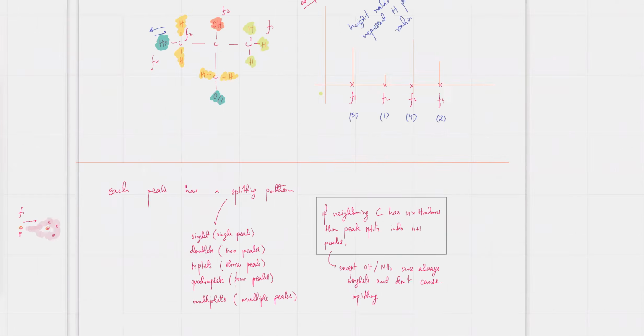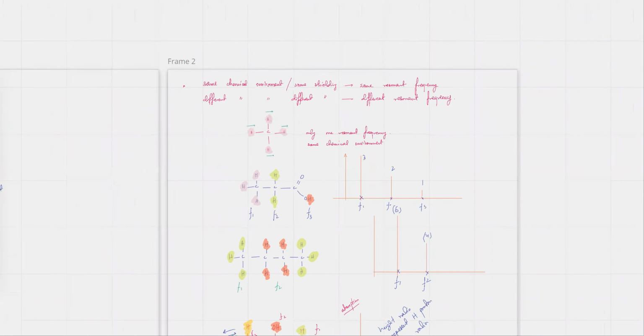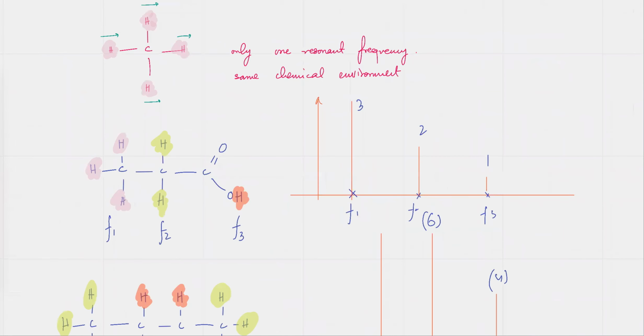Now, before understanding what the rule is, I'm just going to explain what is meant by the things I've written. The n+1 rule. Then we'll figure out the story behind that. So let's focus on these 3 hydrogens. They're resonating at frequency F1.